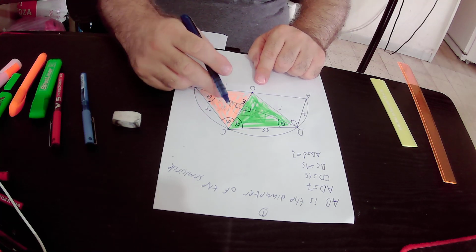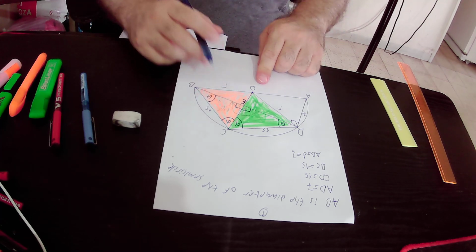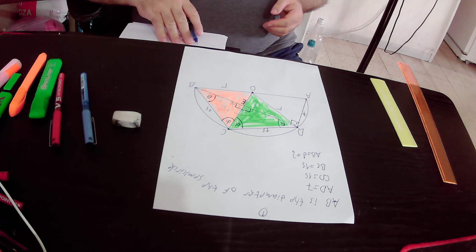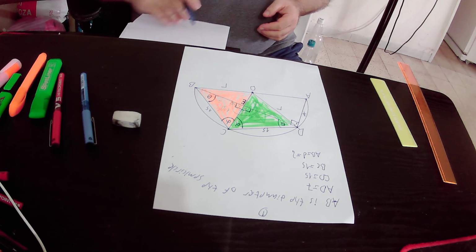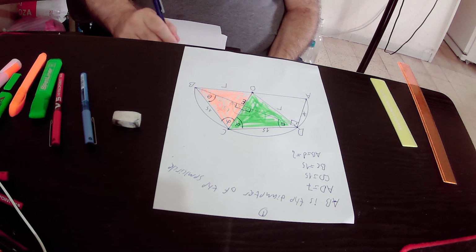And as a radius of the semicircle, it must be a straight line. So OC is a straight line. We can also say chord OC is a straight line.